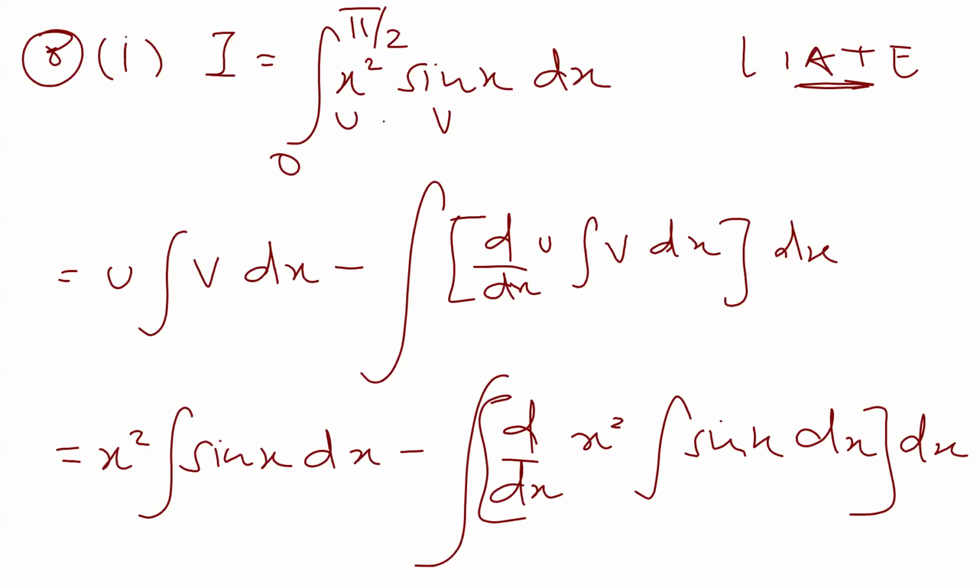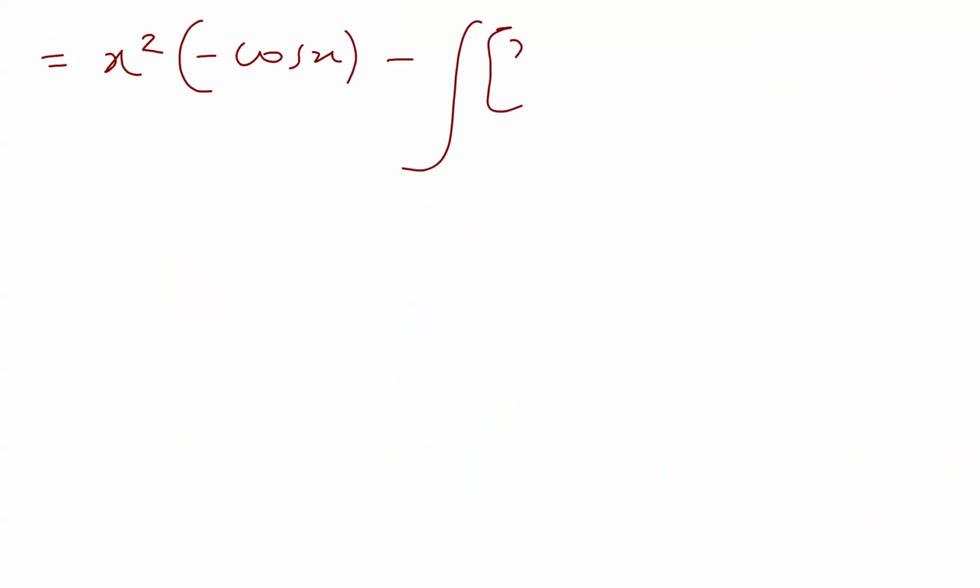Don't be in a hurry to put the upper limit and lower limit whenever it is integration by parts in definite integrals. So sin x integration is minus cos x. Immediately I put a bracket. That is expected from you as well. 2x into minus cos x. So minus x square cos x.